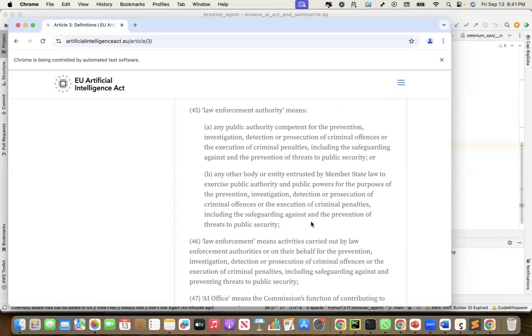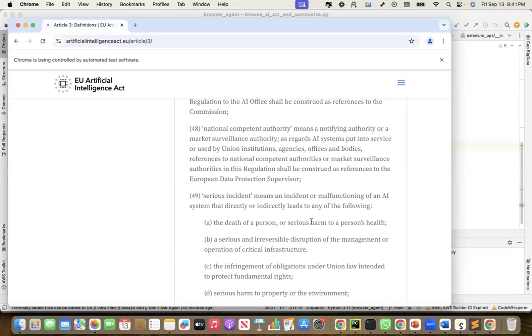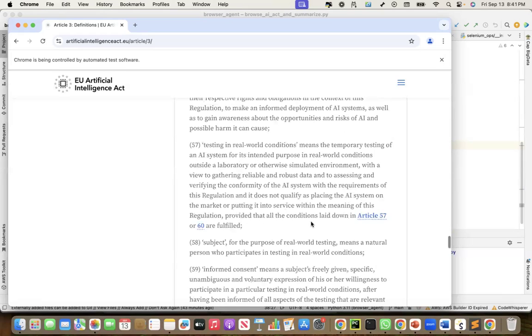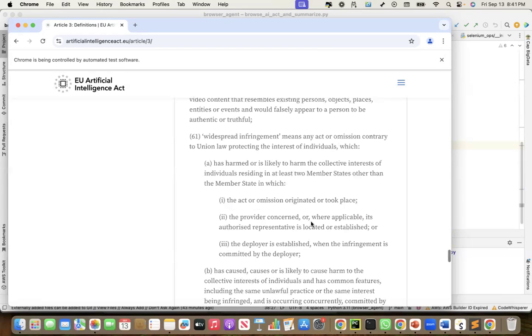In one of my other articles, I mentioned the importance of controlled flow engineering, a flow engineering that is controlled by humans, so that we can constrain these agents and not let them do whatever they want. That is very important. So we are at the 58th definition. Now we have the 61st definition.